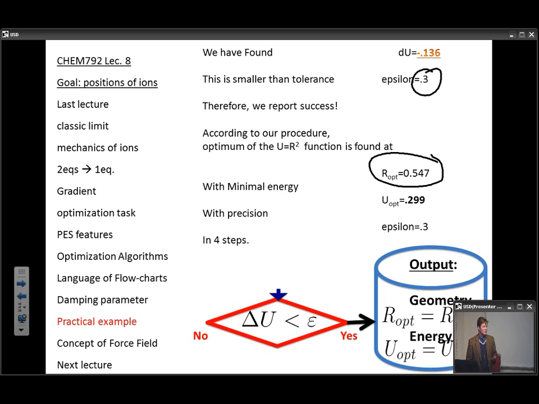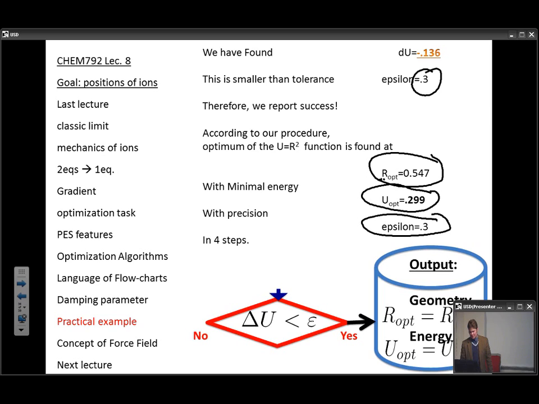So it is a little bit off compared to 0, but that is what we know as the people who gave the task to this algorithm. But if it is an unknown function, it is not a bad result with this precision. So the optimal geometry is at the nuclear configuration corresponding to distance 0.54, and the minimal energy is 0.29.